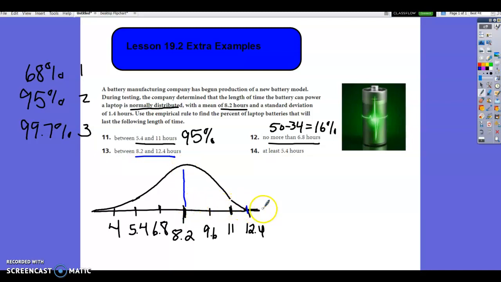So it's almost 50%, but remember there's that 0.15 that accounts for those outliers out there. So this is going to be 50 minus the 0.15. So if you do 50% minus 0.15, that's going to be 49.85%.